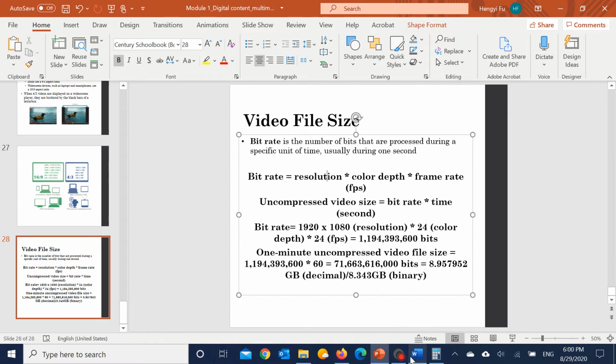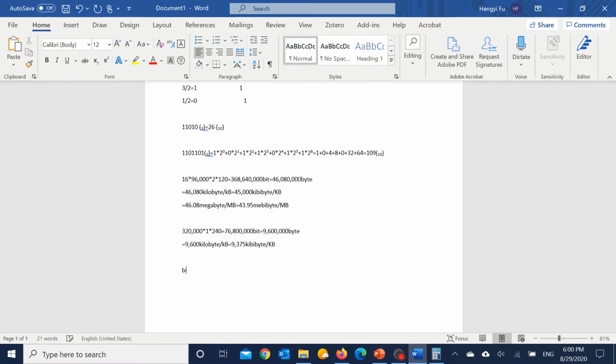So that will be, say, bit rate is 640 multiplied by 480 multiplied by color depth 16 multiplied by FPS 30, right?